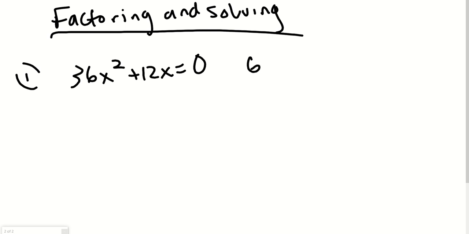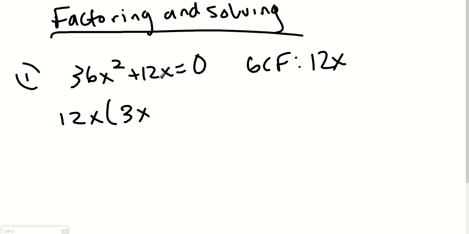So GCF 12x. We're going to pull that out, factor it out. Remember, it's like dividing. 36x squared divided by 12x is just 3x. 12x divided by 12x, what's left? 1. Equals 0. So now we have two factors, 12x and 3x plus 1.